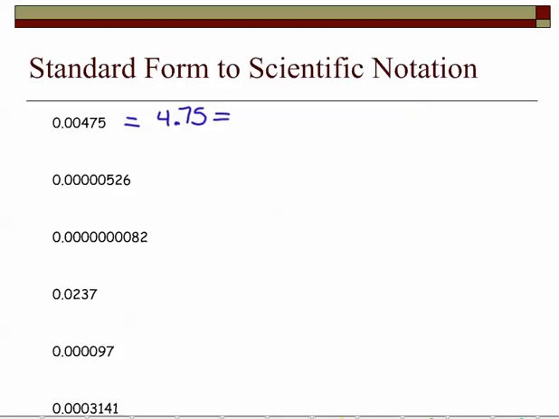We're still multiplying by a power of 10. But in this case, 4 and 75/100 is larger than the number we're talking about. So we would actually have to shift the decimal left, or we would have to divide 4 and 75/100 to get to these smaller numbers. So in this case, the decimal shifted 1, 2, 3 times.